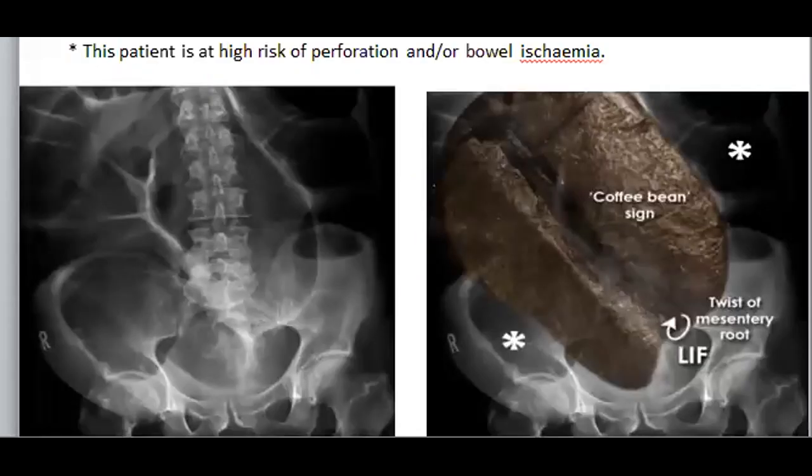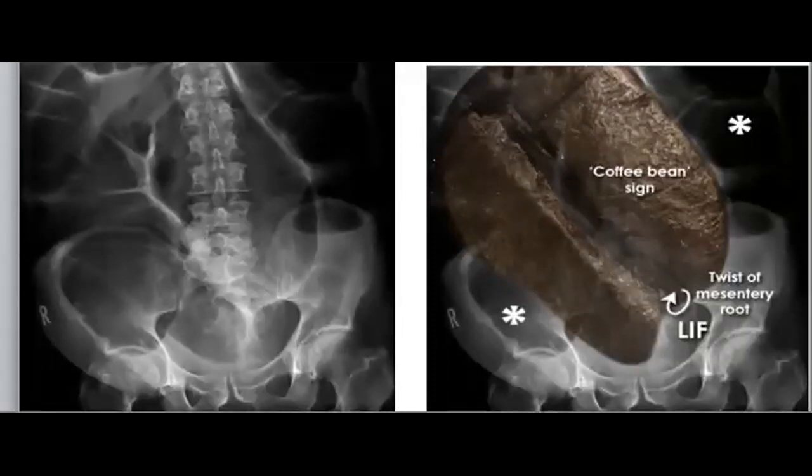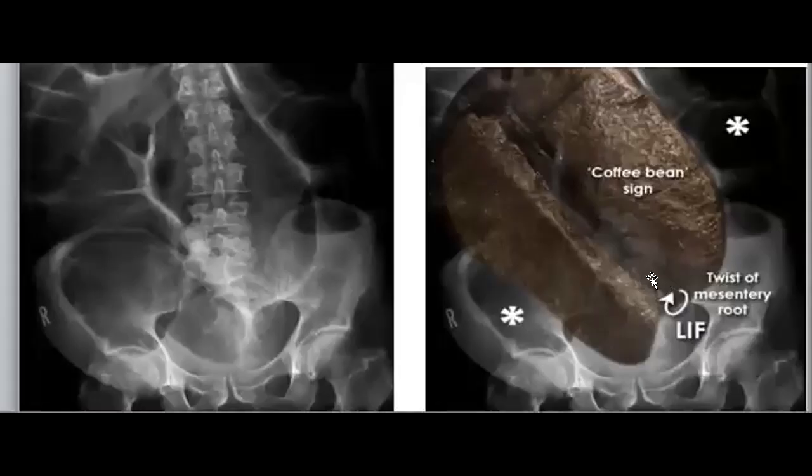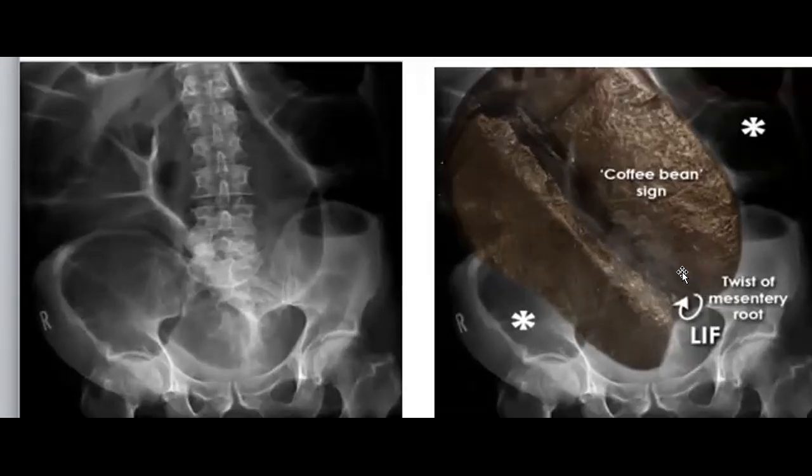There is the most important spotting in the abdomen: how you differentiate, or at least mention, sigmoid or cecal volvulus. So this one is a sigmoid volvulus. You can imagine that the site of twisting of the mesentery should be in the left iliac fossa here, and this is what is called the coffee bean sign.